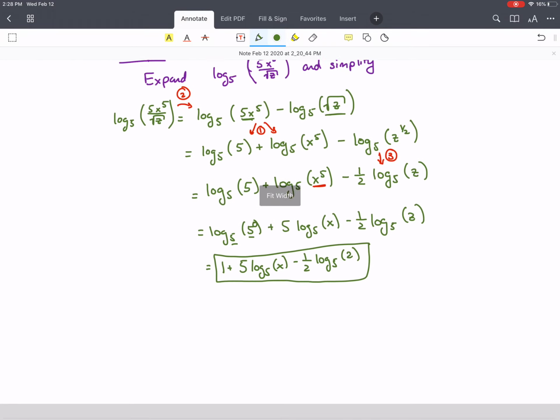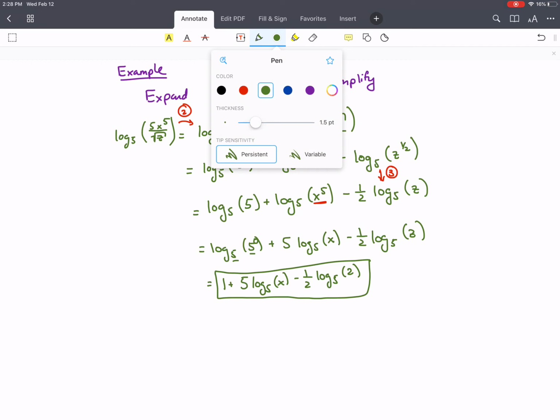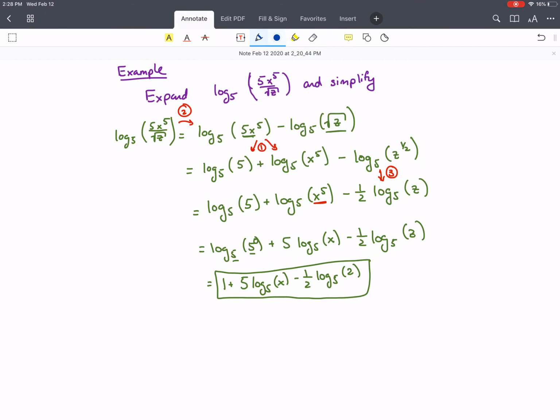I might also be asked to condense, so let's do that. So I might be asked to condense 2 log base 5 of 2 minus 3 log base 5 of y.